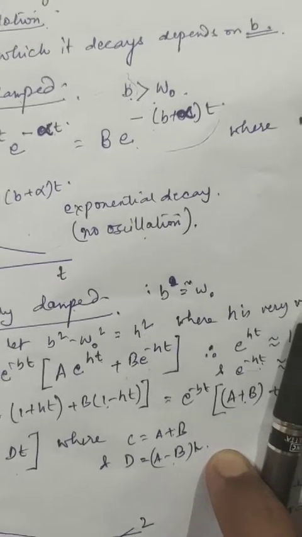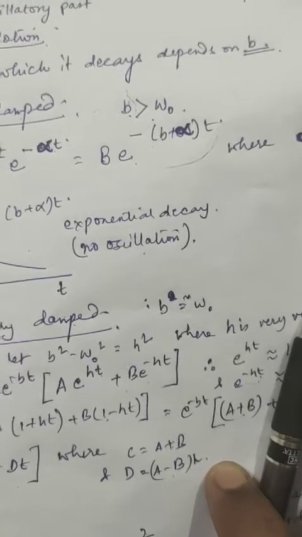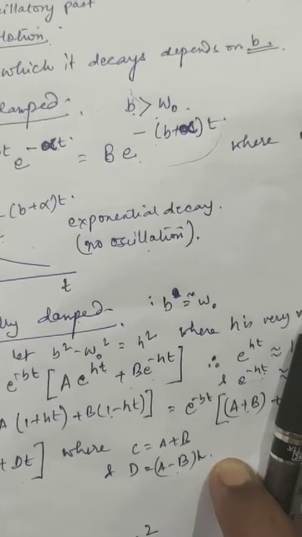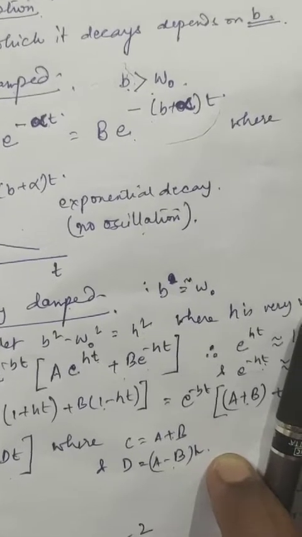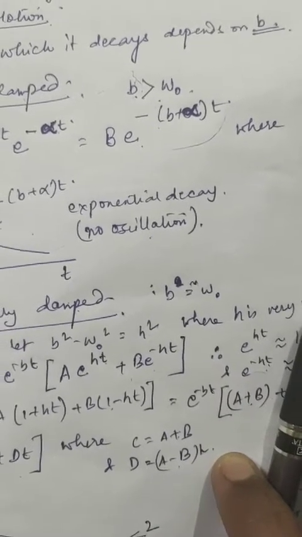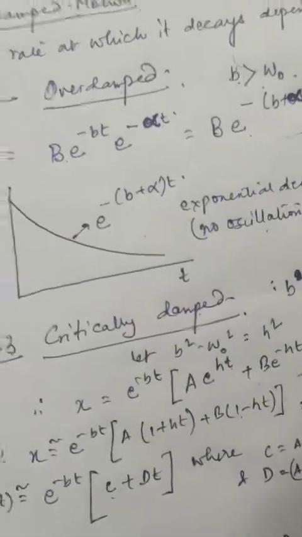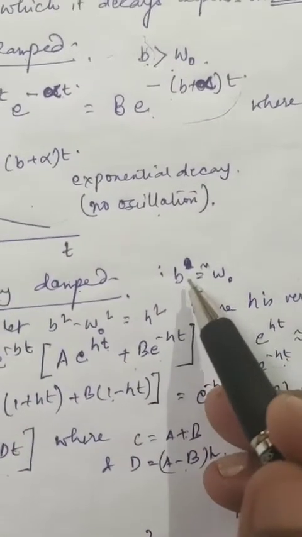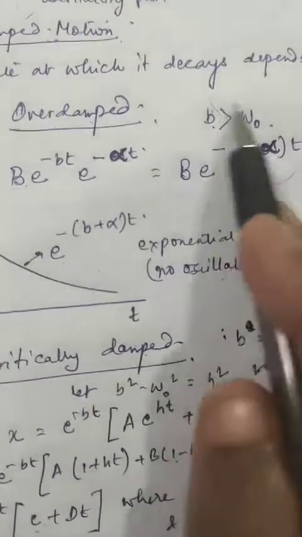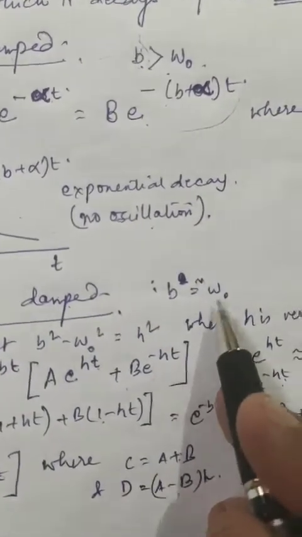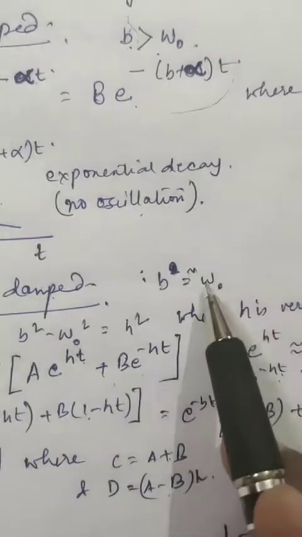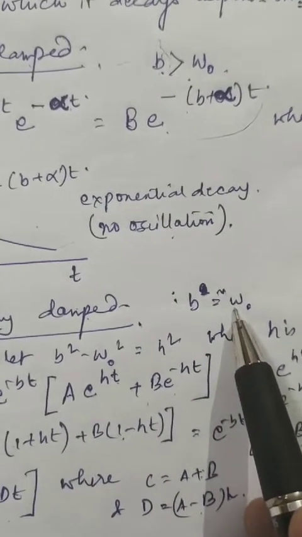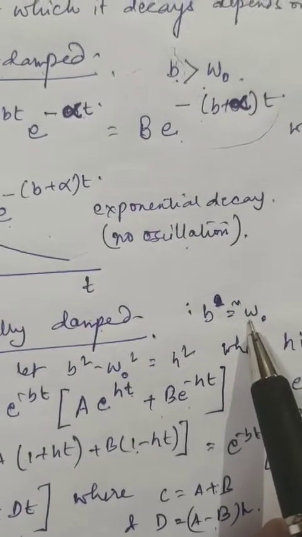But if b approaches omega naught, that is the least value of b for which no oscillation takes place. So basically, if b is greater than omega naught, definitely there will be no oscillation, overdamped. If b is less than omega naught, then again there will be oscillation, but the amplitude will reduce.